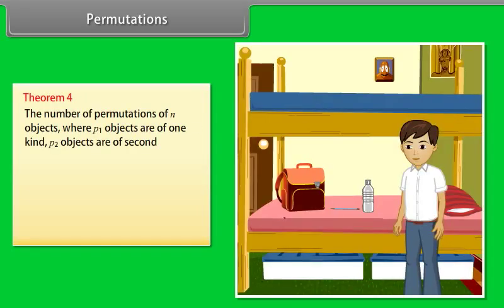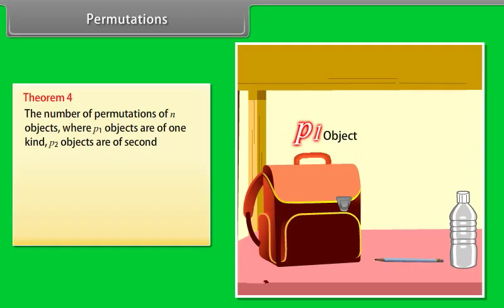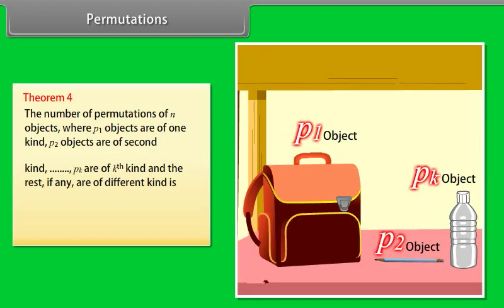The number of permutations of n objects where p1 objects are of one kind, p2 objects are of second kind, pk are of kth kind, and the rest, if any, are of different kind is n factorial divided by p1 factorial into p2 factorial up to pk factorial.